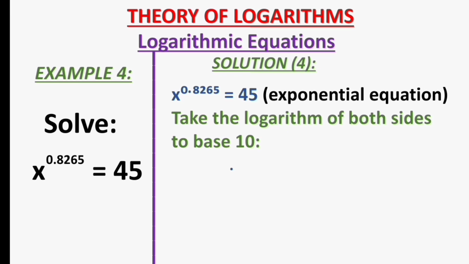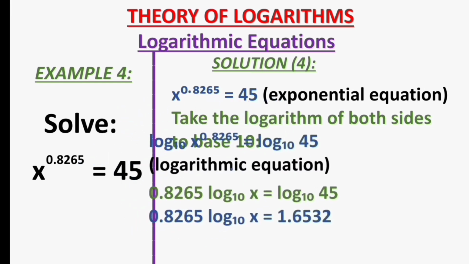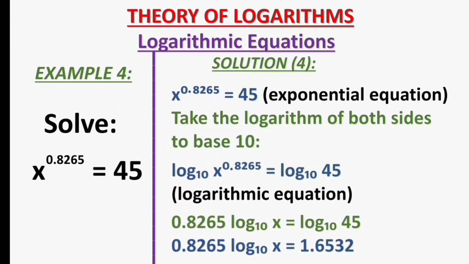Next, let's take the logarithm of both sides to base 10. This will give us the logarithm to base 10 of x raised to the power 0.8265 is equal to the logarithm to base 10 of 45. Now we have a logarithmic equation.